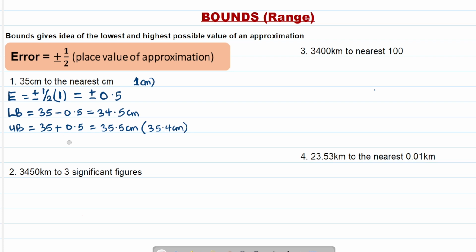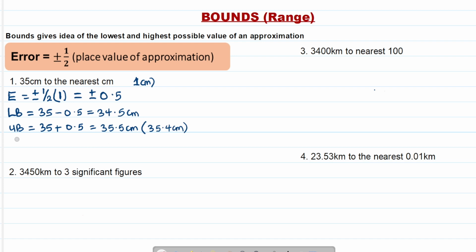Now, when we present our answer using the inequality symbol, it means that the possible values that could have been approximated to get 35 is anything that should lie between 34.5 and 35.4 centimeter.